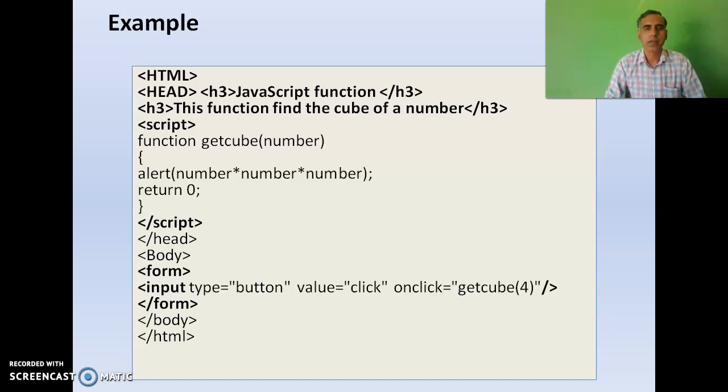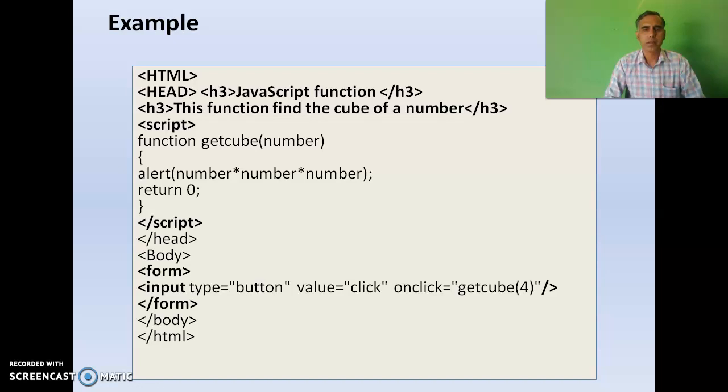And then we defined a simple form, and within the form there is an input type button, value click, onclick, getCube(4). This function is called in the HTML program when a user clicks on a button.